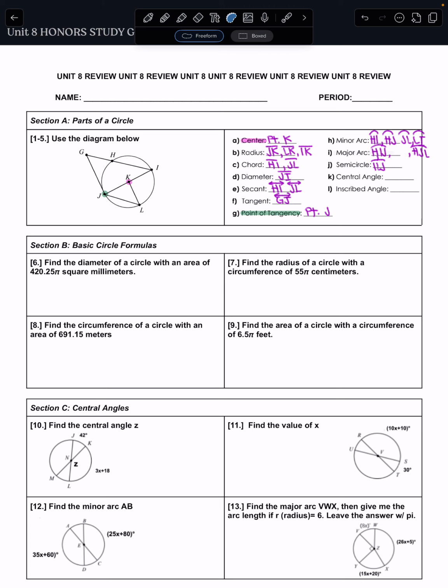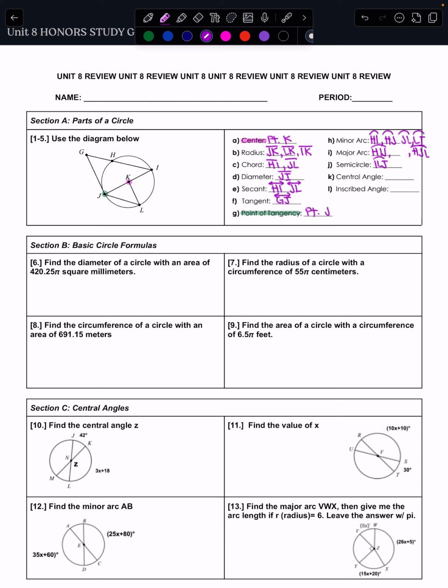It looks like it's more of a semicircle. A semicircle is very similar in terms of writing out a major arc. The only difference is that instead of being more than 180 degrees, it's exactly 180 degrees. So we have a semicircle at ILJ.